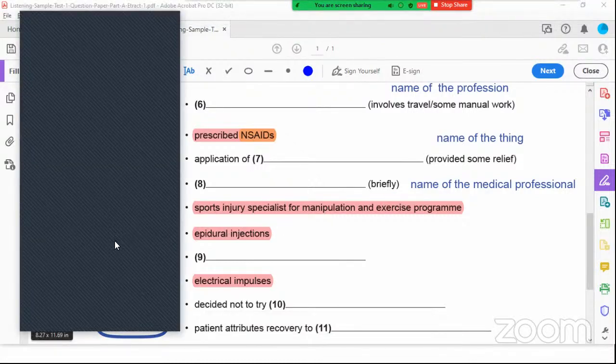Okay, so dash. Okay, orthopedic surgeon, physiotherapist. Orthopedic is an adjective, not a noun. So be careful. Physiotherapist. Okay, physiotherapist, right? Then what else?